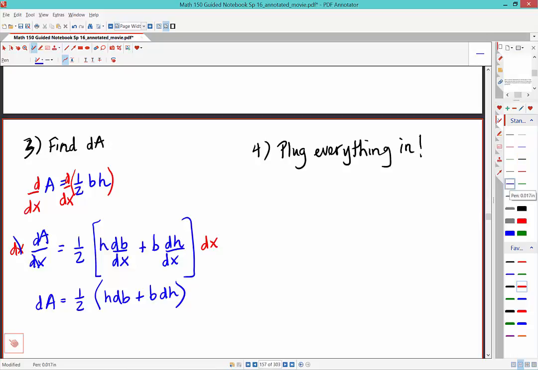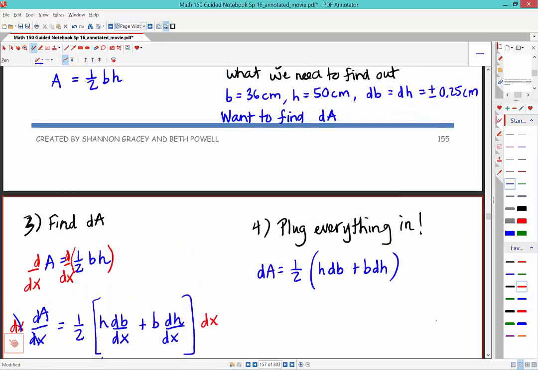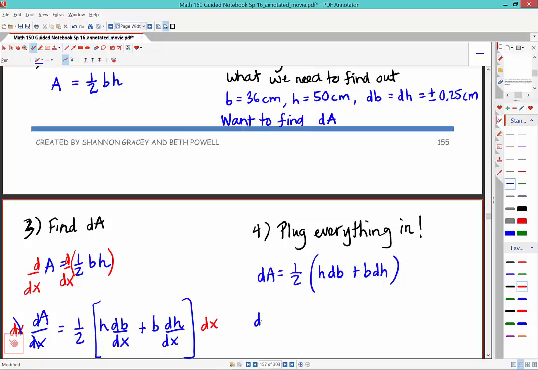So when we plug everything in, we have dA equals 1/2 times (h dB plus b dH). And if you recall, we have a lot of those things. What was h? Good. H was 50 centimeters. I'm going to leave the units out for the moment.